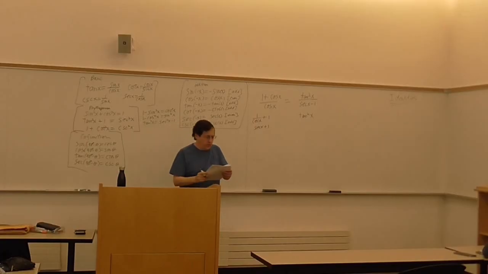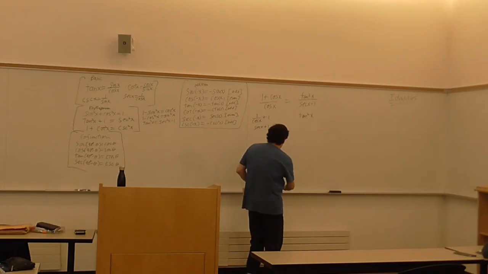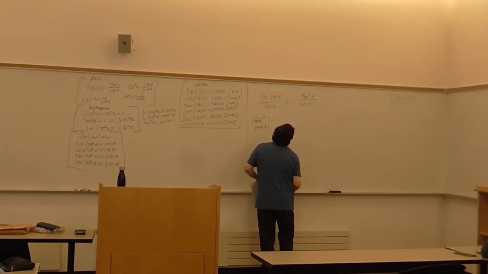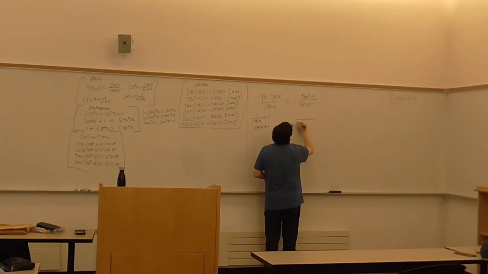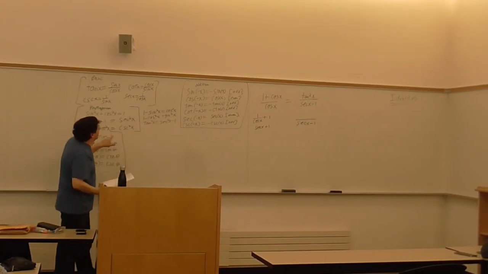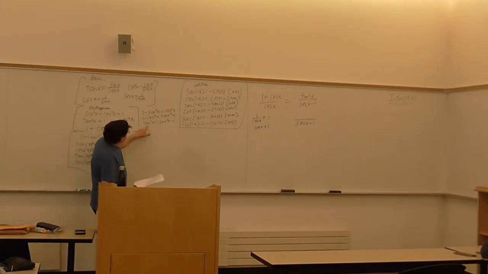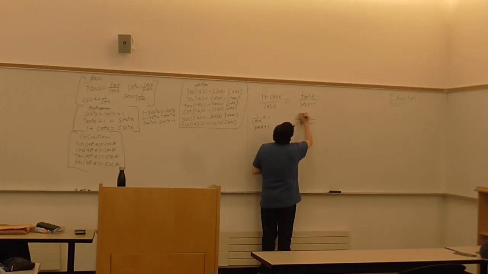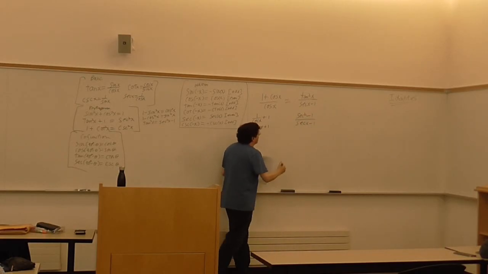How I want to go about this is I want to take a look over here, and I want to see that I can convert my tangent squared to secant squared minus 1. Okay?